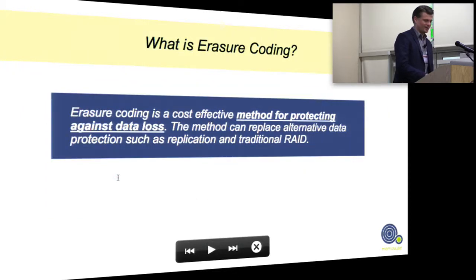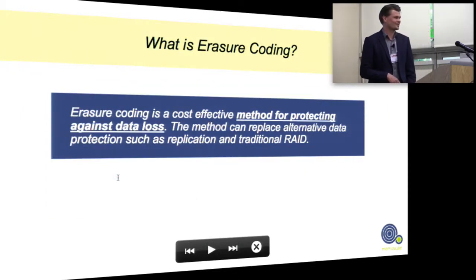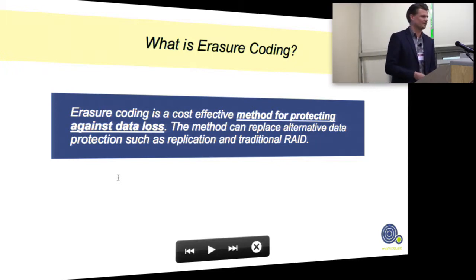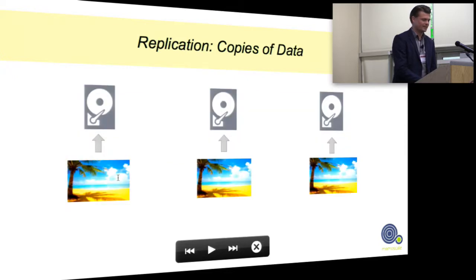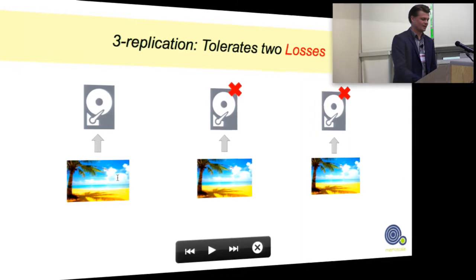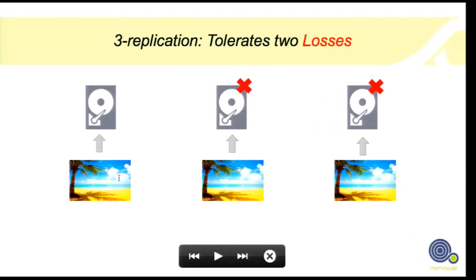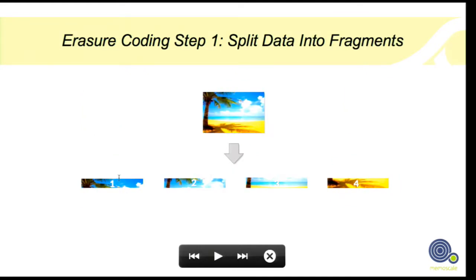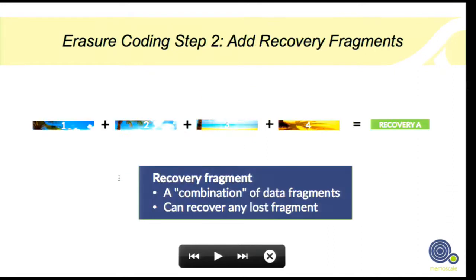So I'm not going to talk very much about what erasure coding is. I assume most people here know what it is, and also Greg had a good introduction on that. So I'm just going to flip quite fast through these slides. So this is replication, making copies of data. This configuration can tolerate 2 losses before you lose any data. With erasure coding, we take the data and we split it into fragments, and then we add some recovery fragments.